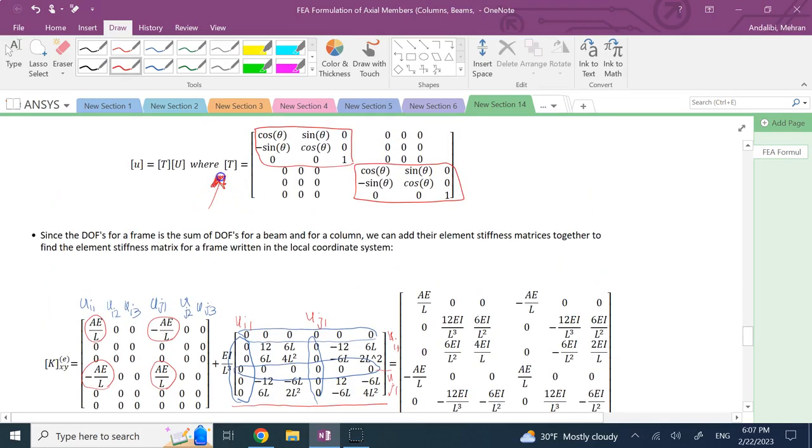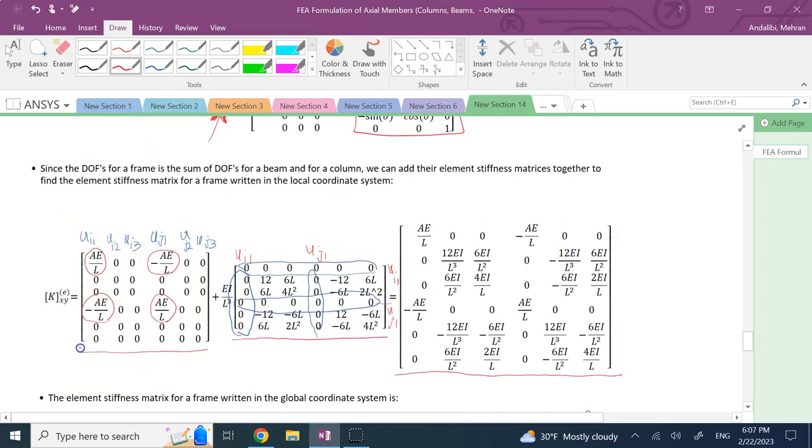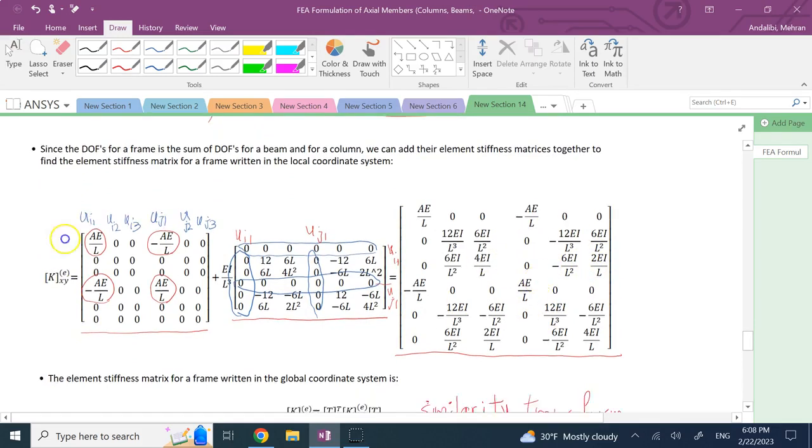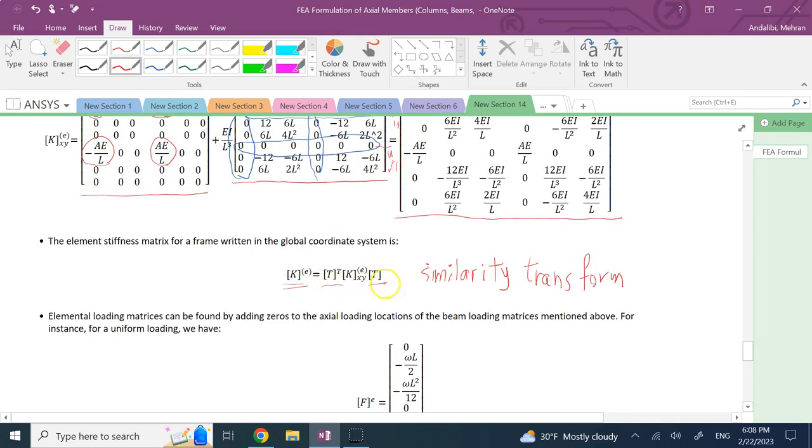Now, if you want to carry that out, it is going to get you a similar 6 by 6 matrix, but it's going to be way more complicated. So here I didn't do it, and you can do it using MATLAB Symbolic if you want to get some nice formulas for it, but it's going to be a little bit big and messy. Okay, but you can always do that using this formula.